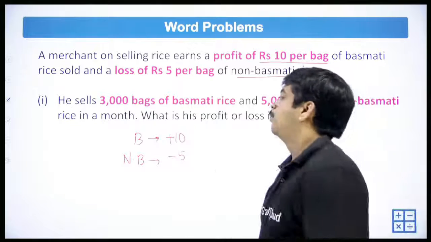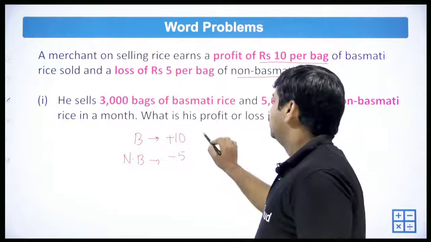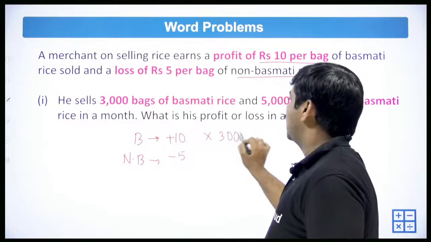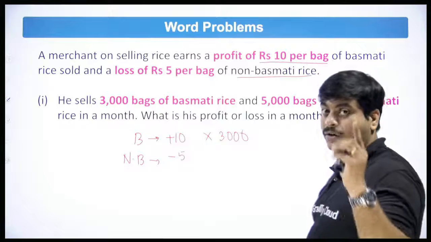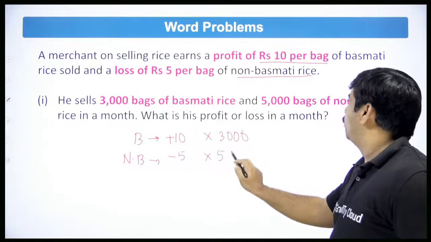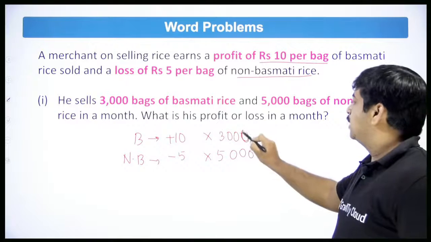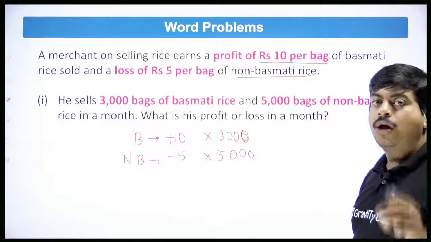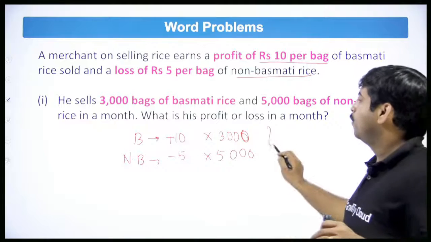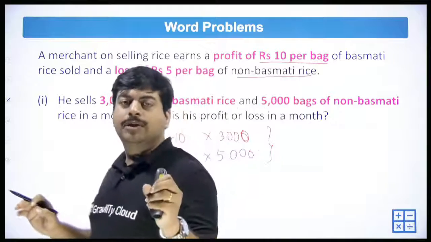The point here is he sells 3,000 bags of basmati rice at a profit of 10 rupees per bag, and 5,000 bags of non-basmati rice in a month. What is the profit or loss in a month? I'm not going to do this one. You have every piece of information given.